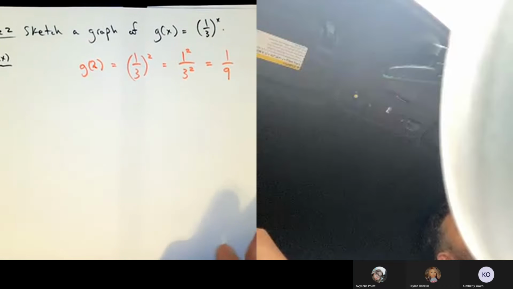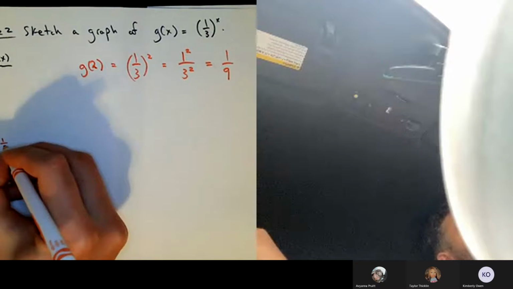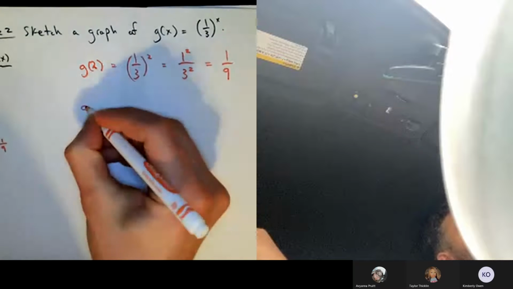Okay, so that's all that happens there. Plugging in 2, you're just squaring the top and bottom. Of course, 1 squared is just 1. So really, you're squaring the bottom number because the 1 doesn't really change when you square it. So 1 over 9. Okay, so we're getting our fractions at the positive values this time. Let's see if that continues.